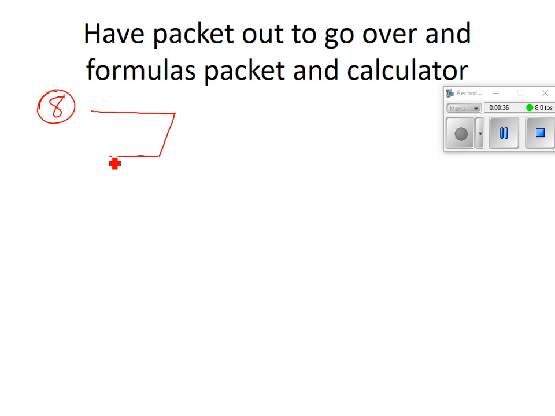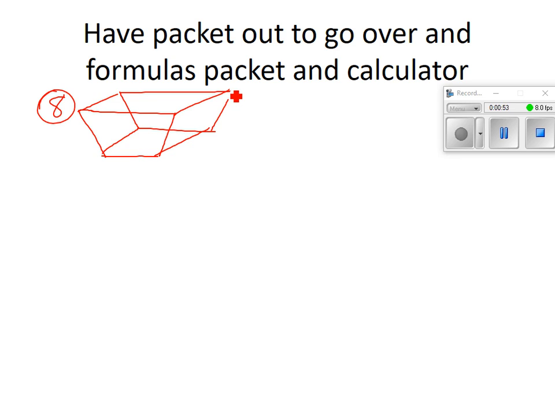Give me a second, I'll try to draw this real quick. Somebody help me out. How do you find the area of a trapezoid?